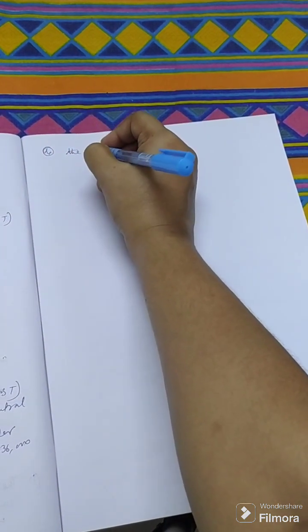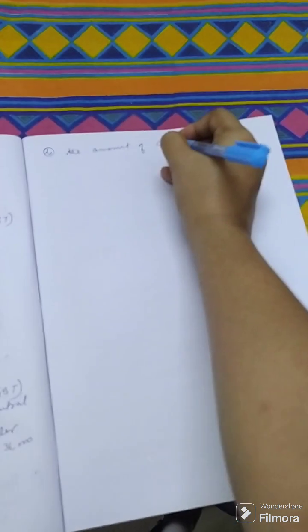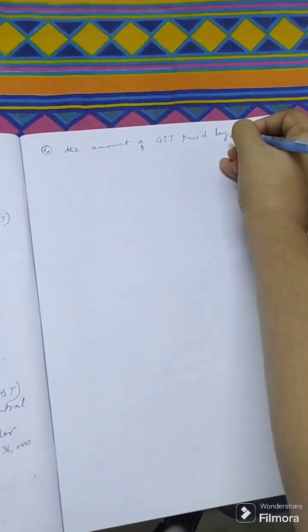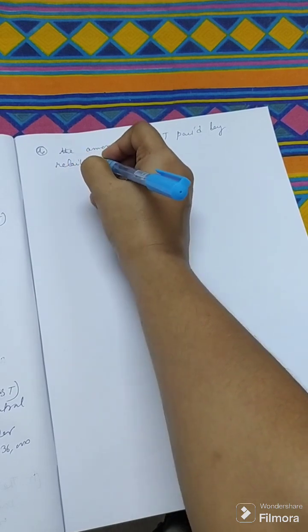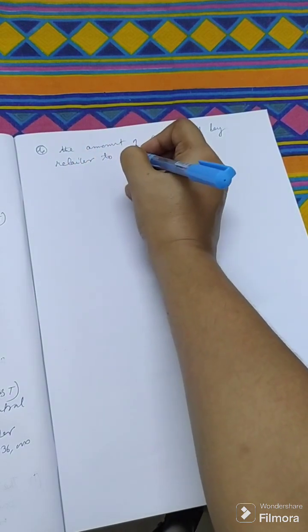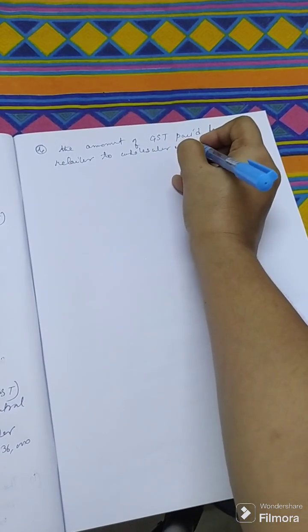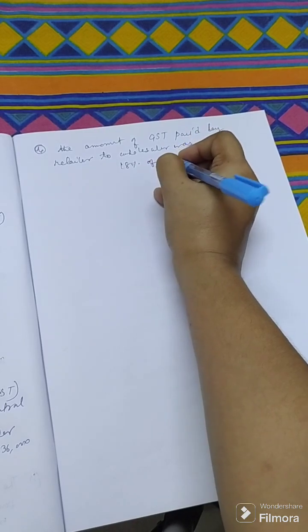And the amount of GST paid by the retailer to the wholesaler was 18% of 42,000.